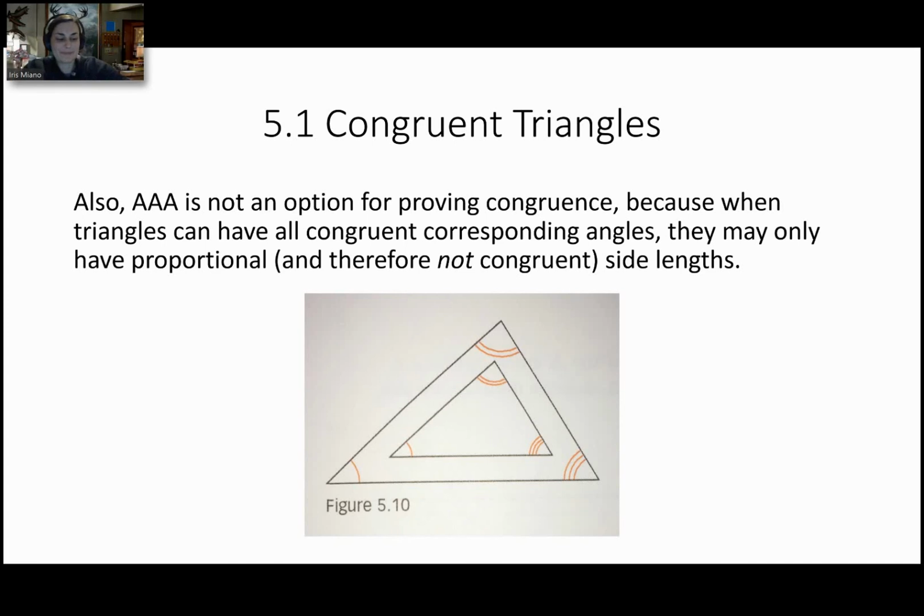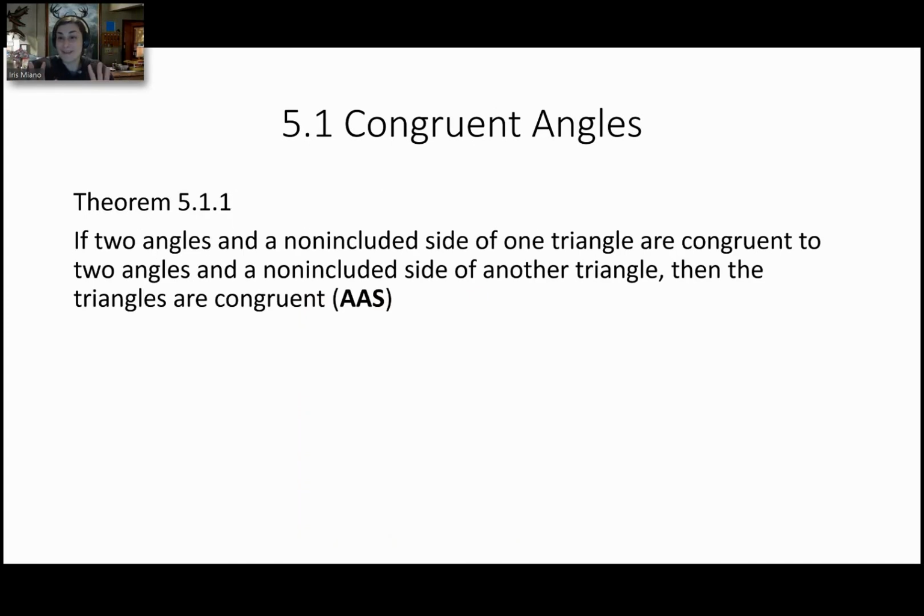Moving on. Here is our first theorem of this section. In fact, I think it's the only theorem presented in section 5.1, and we're going to prove it together. It is another 3-letter code, AAS. Yes, you can do AAS. You cannot do ASS, though. ASS is a 3-letter code that does not lead to triangle congruency.